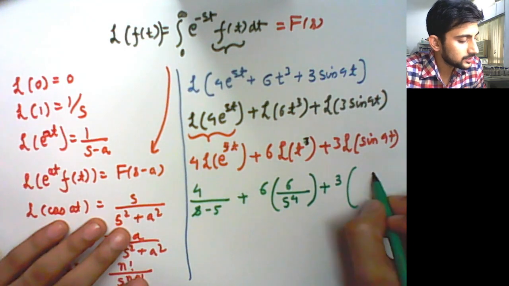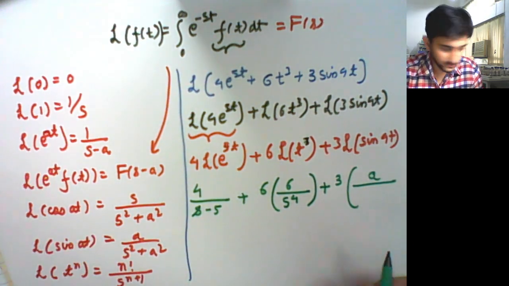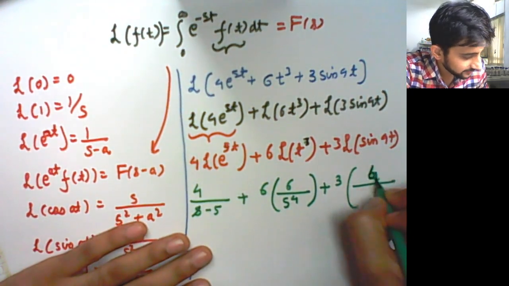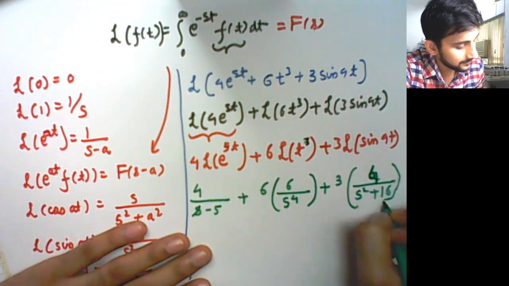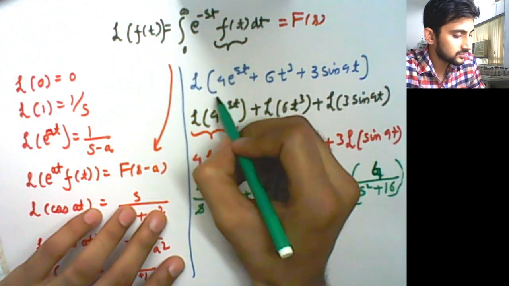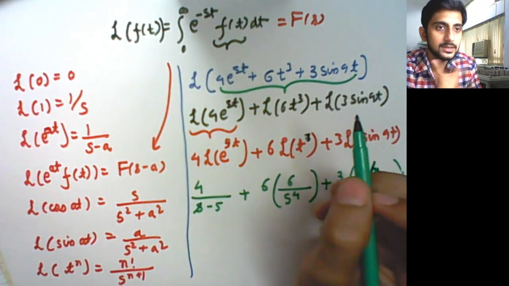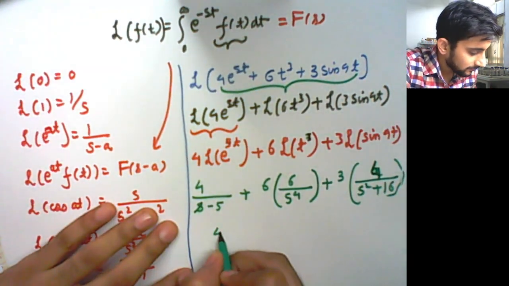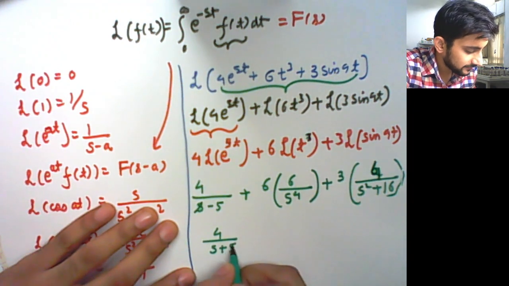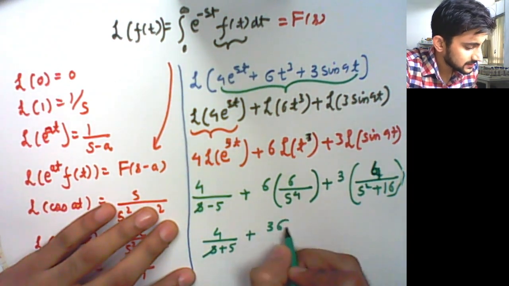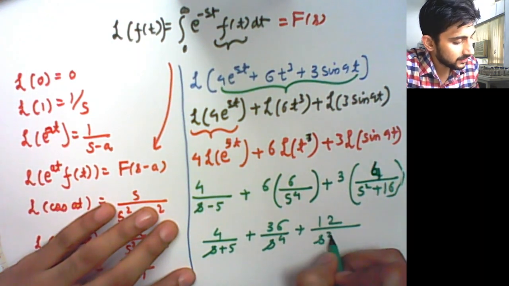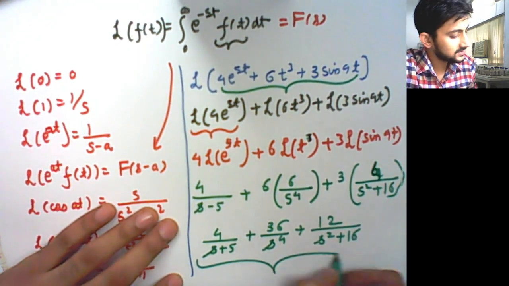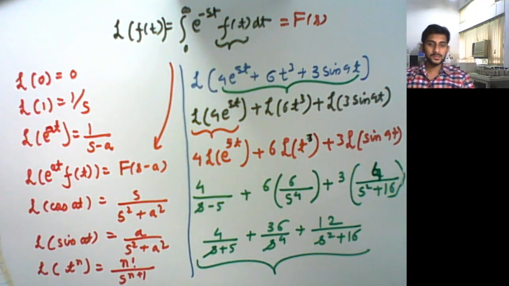It has to be a upon s square plus a square, where a is 4 over here: 4 upon s square plus 4 square, which is 16. So we get the Laplace transform of this combination of functions as 4 upon s minus 5 plus 36 upon s to the power 4 plus 12 upon s square plus 16. This is it.